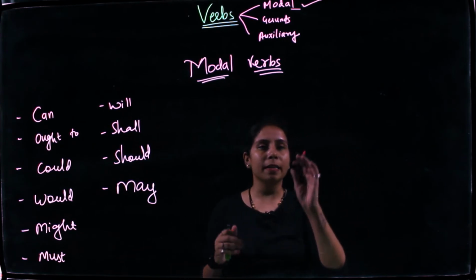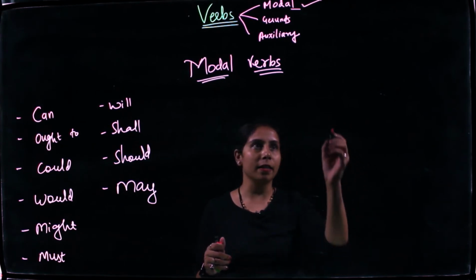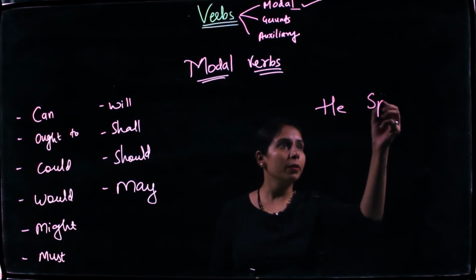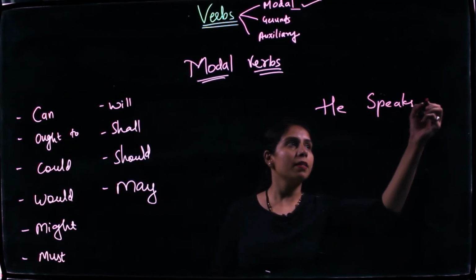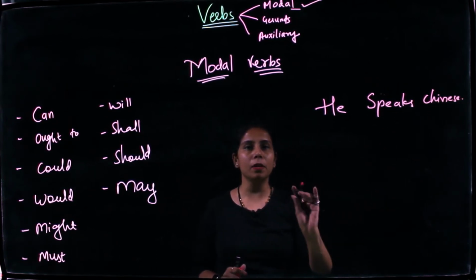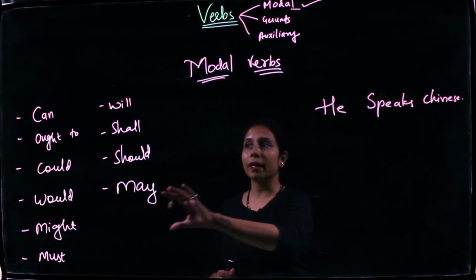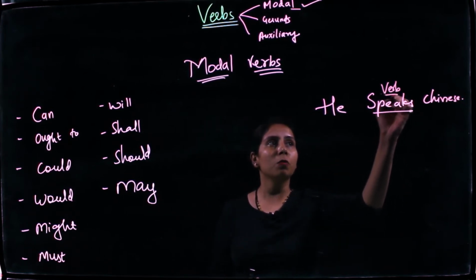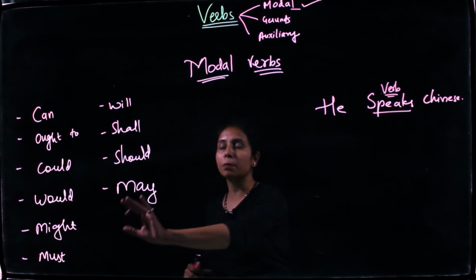Generally, when I make a simple present tense, as we just learned in the tenses, I would tell you, he speaks Chinese. This is a simple present tense. But when I add the modal, speaks is the verb, right? Now I want to modify the verb, give the support to the verb.